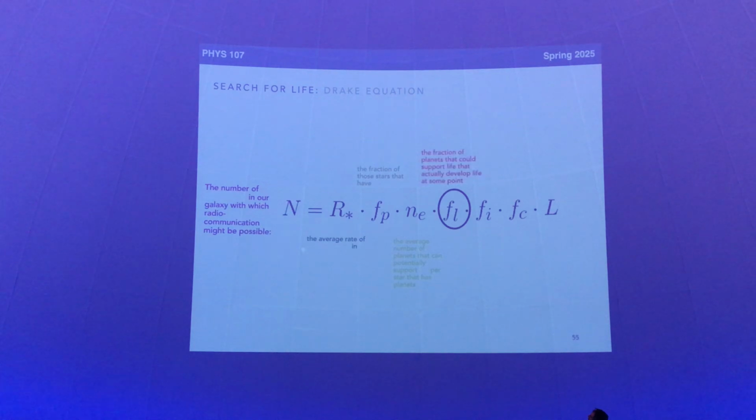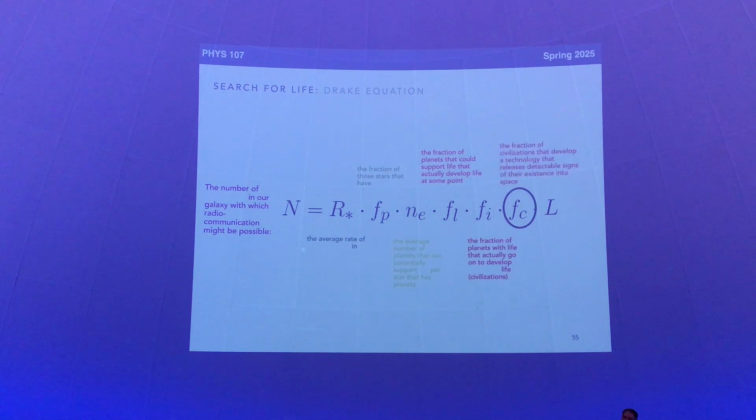The fraction of those that can actually support life, right? So quite a number don't, but we have a few that could support life at some point. The fraction of those that could be intelligent life, civilizations. And then the ones that are smart enough to actually invent radio. And so the ones that have a certain technological level, and then the length of those civilizations.